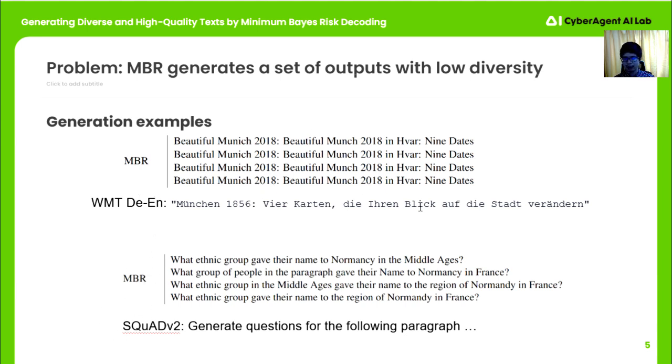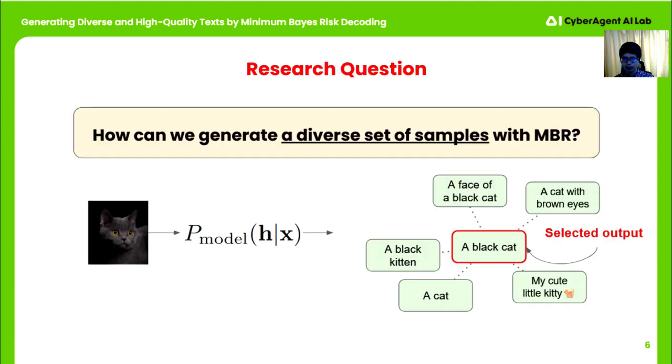You can see that the output is identical in the machine translation domain, and even for question generation tasks, you see semantically identical sequences. So this is the problem we have for MBR. So the research question is: how can we generate a set of diverse samples with MBR?